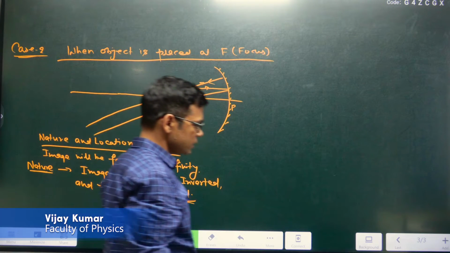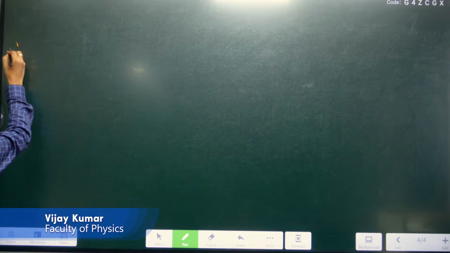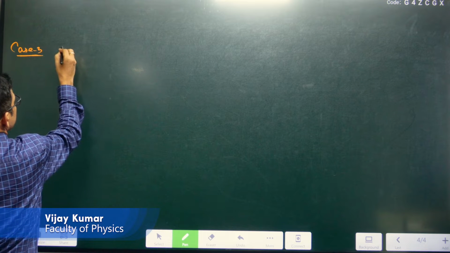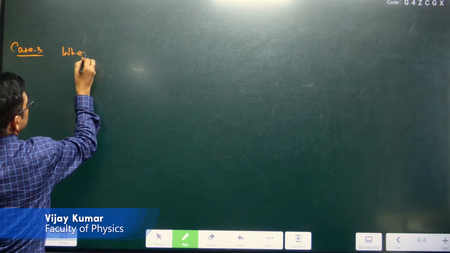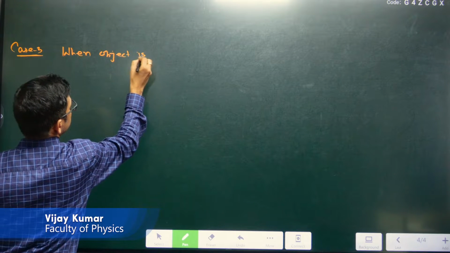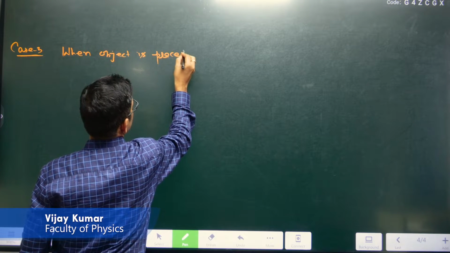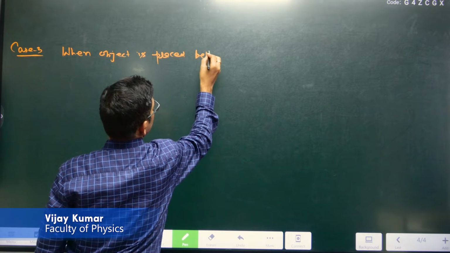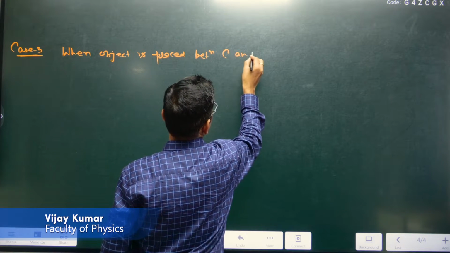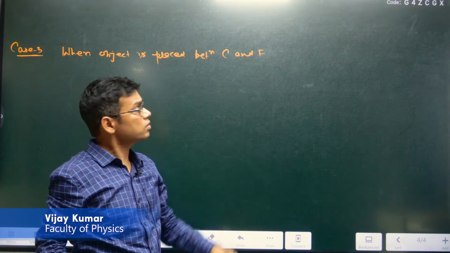Now come to the third case. Case number 3. When the object is placed between C and F. C means center of curvature and the focus.